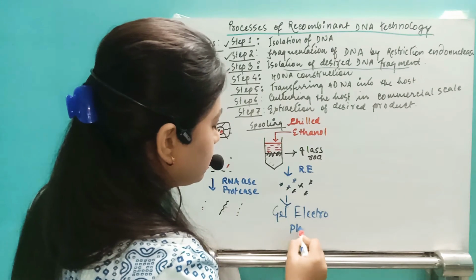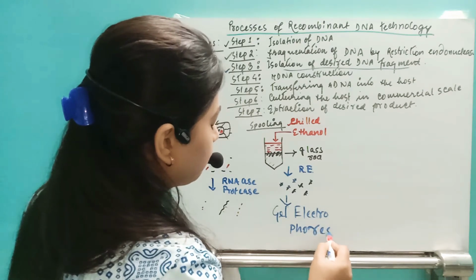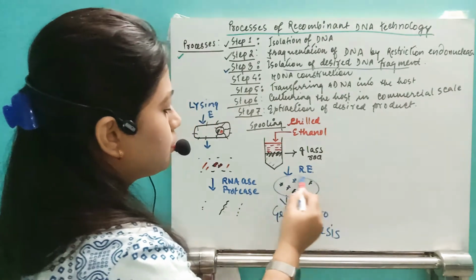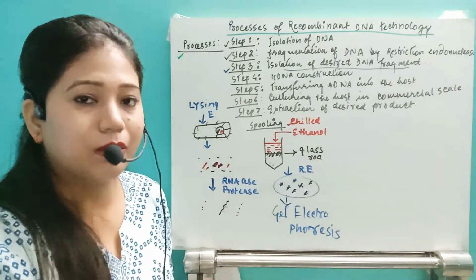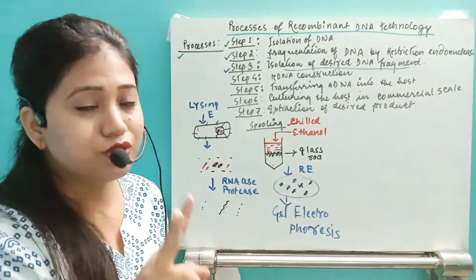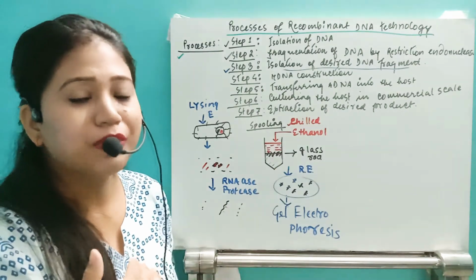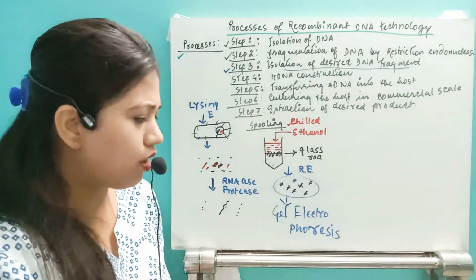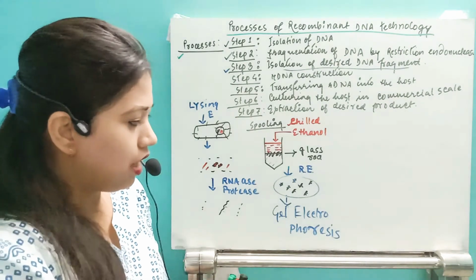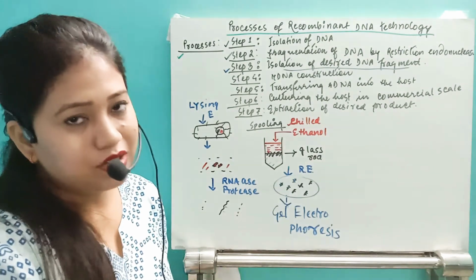In this process, gel electrophoresis, we can separate the DNA fragments depending upon two factors. One is the density gradient and the second one is the isoelectric point or isoelectric focusing. After that, we will get the desired gene fragments.